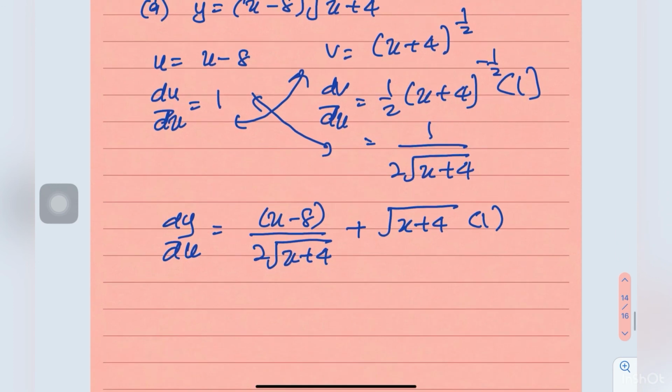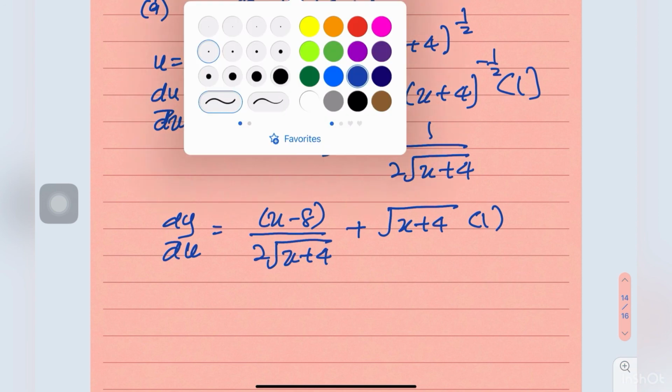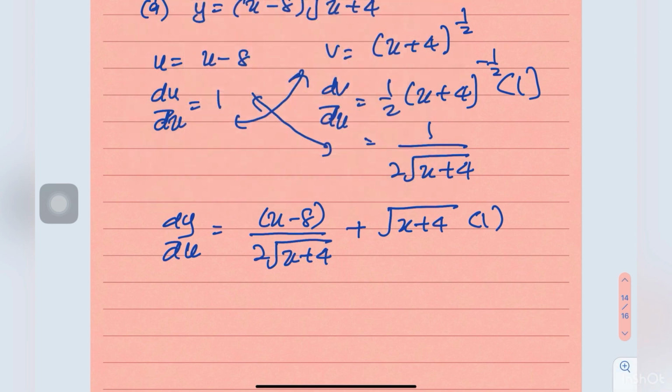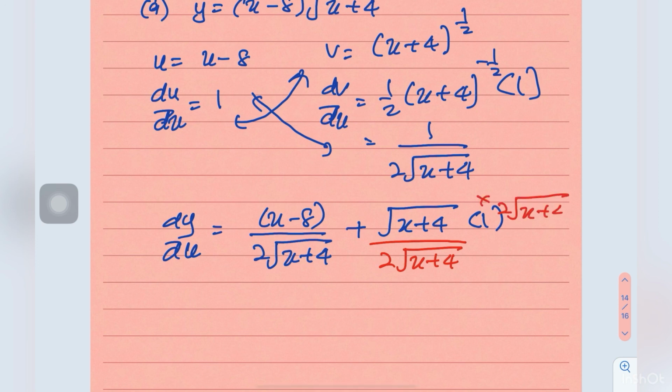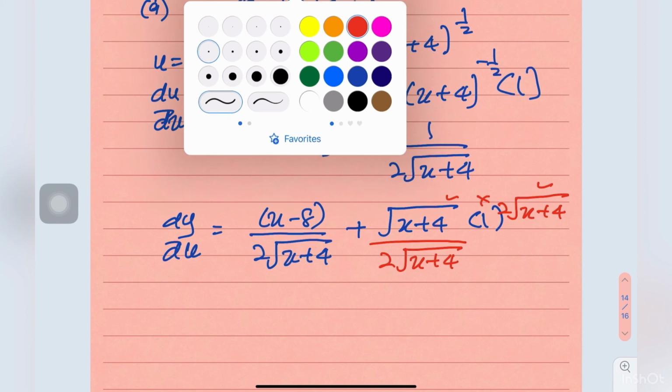Okay, then given this one, we can simplify. We equate the denominator. Okay, the denominator is 2 square root of (x plus 4). Meaning that we have 2 times 2 square root of (x plus 4). Okay, so then we simplify.